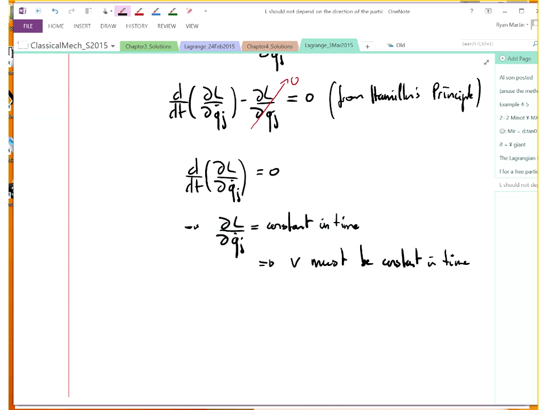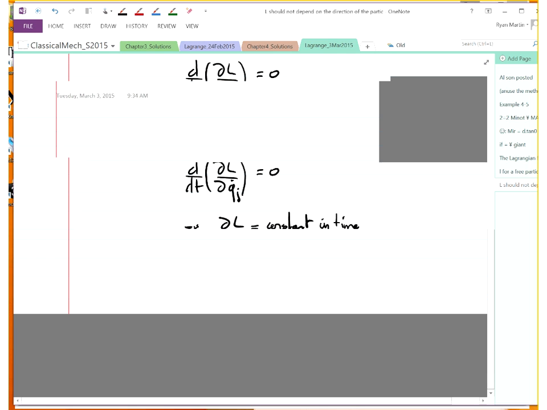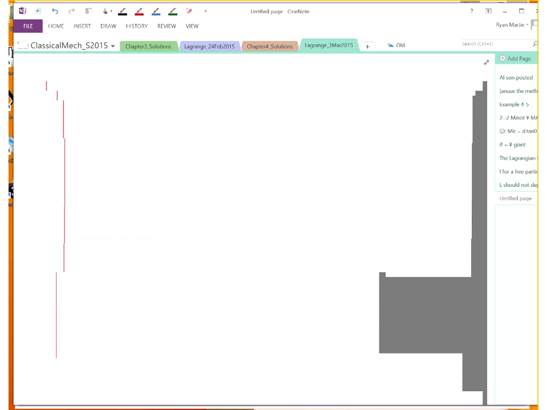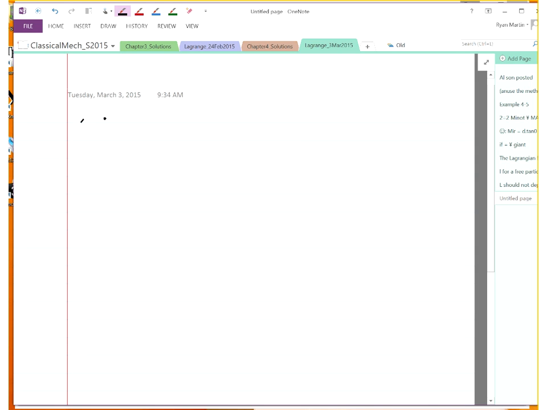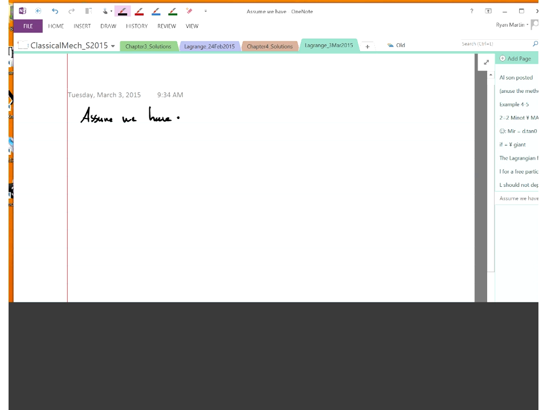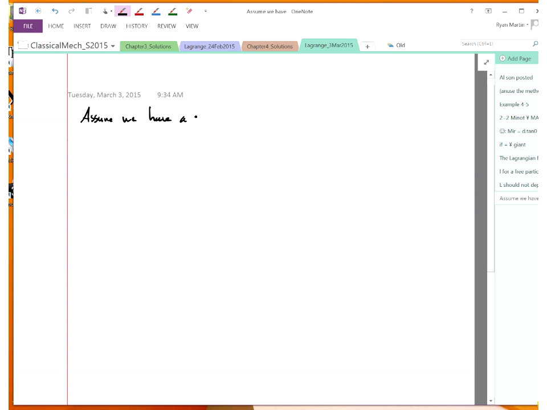Alright, so now we still haven't used the fact that we both should agree on the description of this particle. It shouldn't depend on which frame of reference you're in, right? So, let's get the next page here. So assume we have a moving reference frame with velocity.